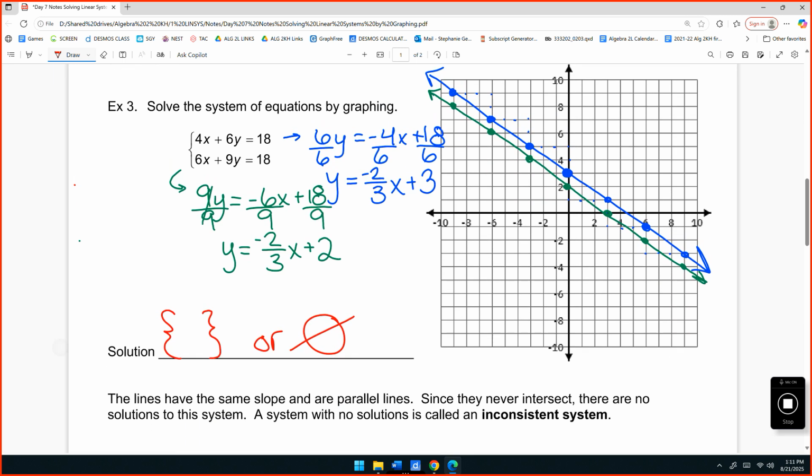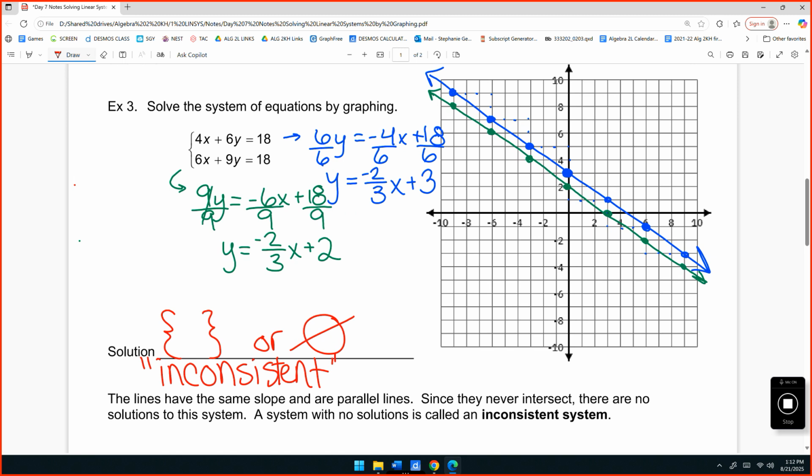Okay, so if we call systems who have a solution consistent, and this one does not have a solution, we have to call it the opposite of consistent, which is inconsistent, okay? So this guy is just considered inconsistent, and that's it. Whoops, I need a T there. Spelling is hard sometimes. Okay, inconsistent.